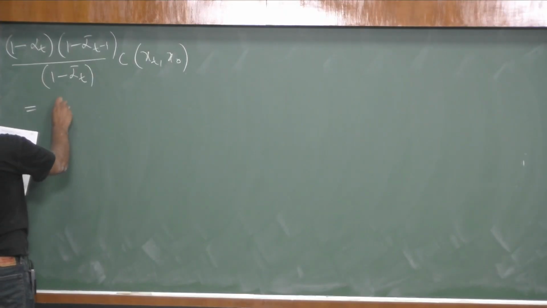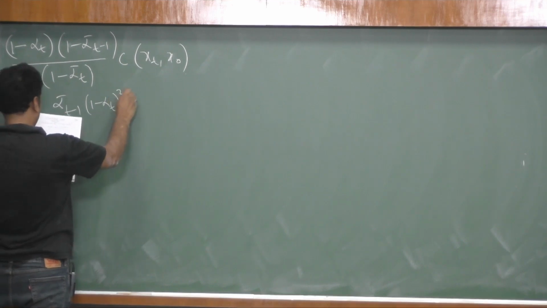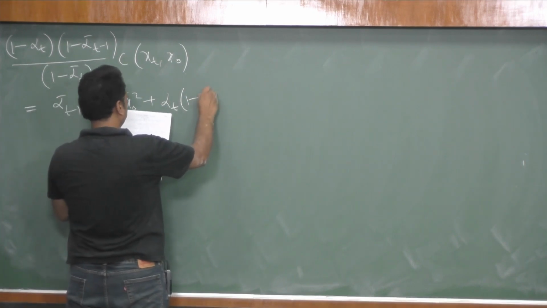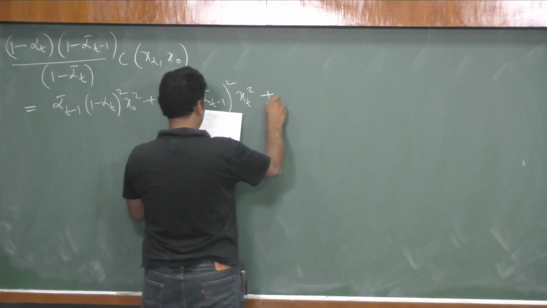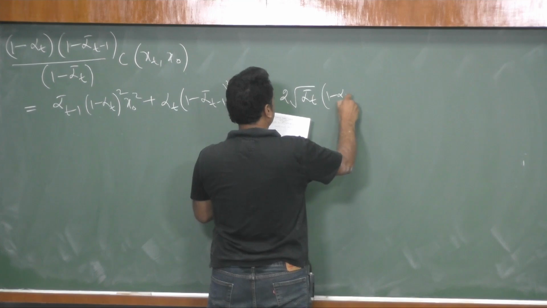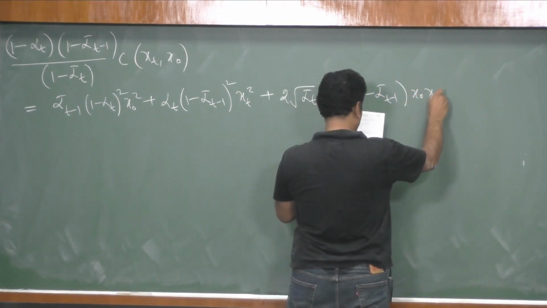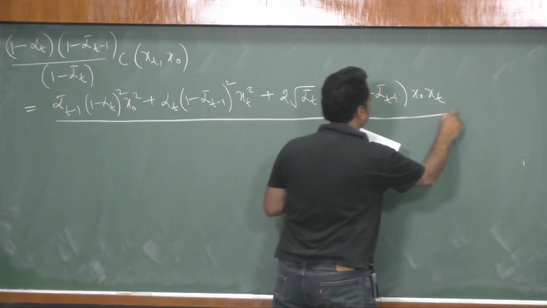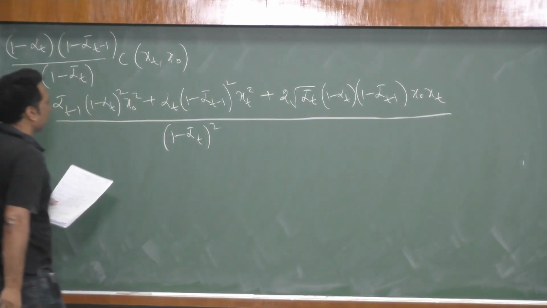Overall it becomes (alpha bar_{t-1} (1 - alpha_t)^2 + alpha_t (1 - alpha bar_{t-1})^2) x_t squared plus 2 square root of alpha bar_{t-1} (1 - alpha_t)(1 - alpha bar_{t-1}) x_0 x_t, divided by (1 - alpha bar_t) squared.